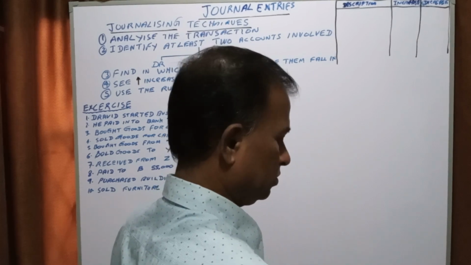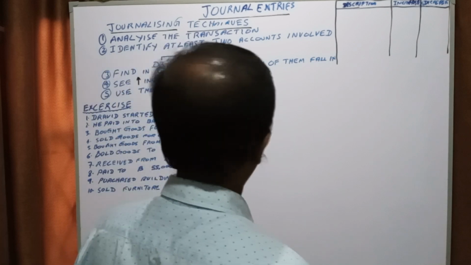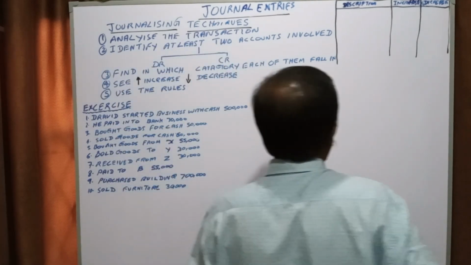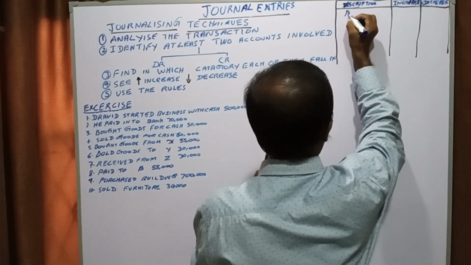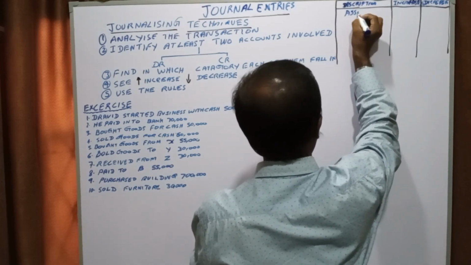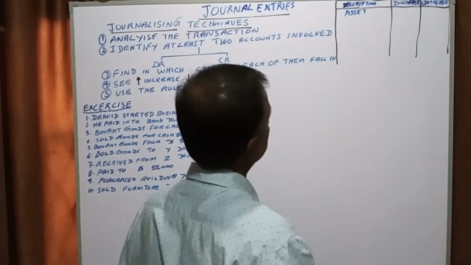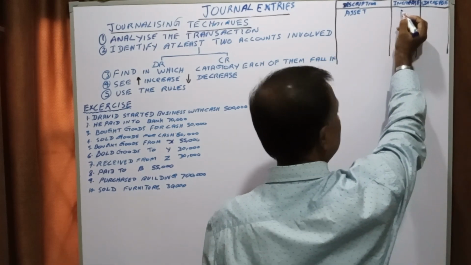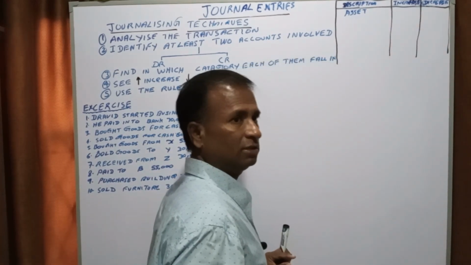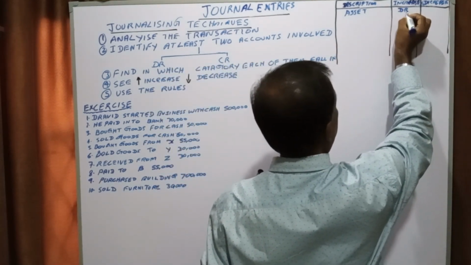Right? So now we'll start passing the recording entries. Here, first we will see asset. If the asset is increasing, you have to put a debit.